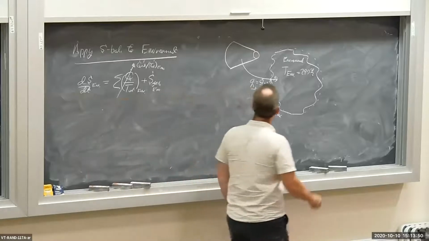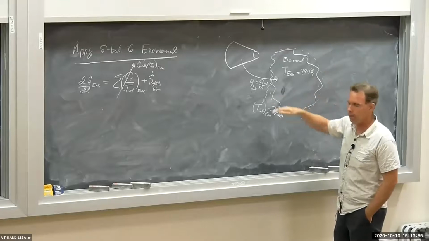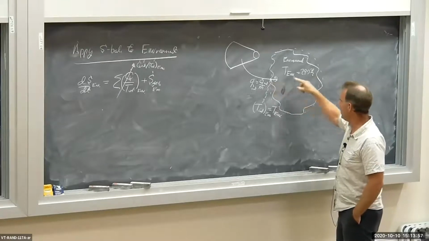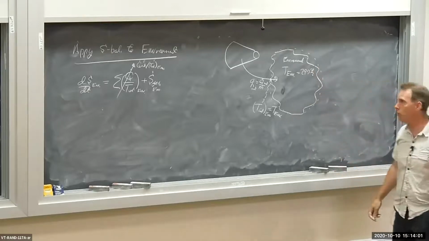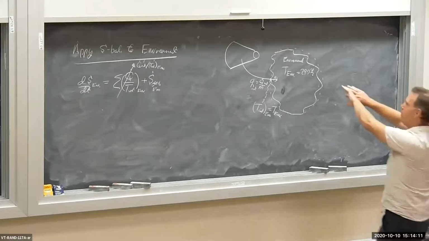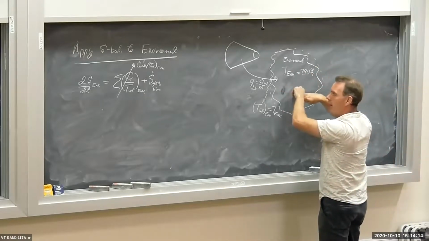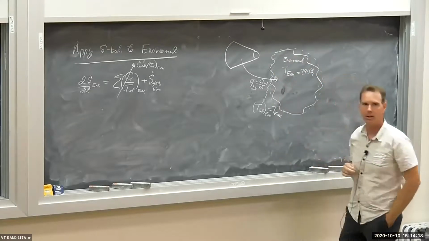Now, if the temperature of the environment is uniform, at the boundary, inside, anywhere in the environment is 293 degrees, then we have no heat transfer inside the environment due to temperature differences. Everything is the same temperature in the environment. So we don't have any irreversible heat transfer inside the environment.